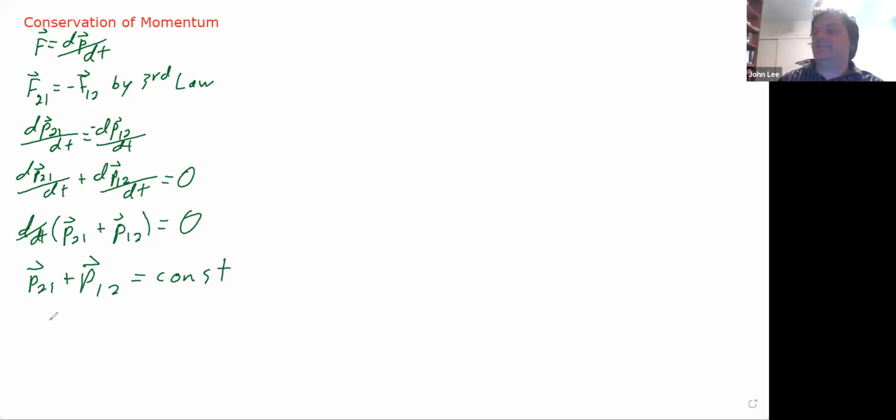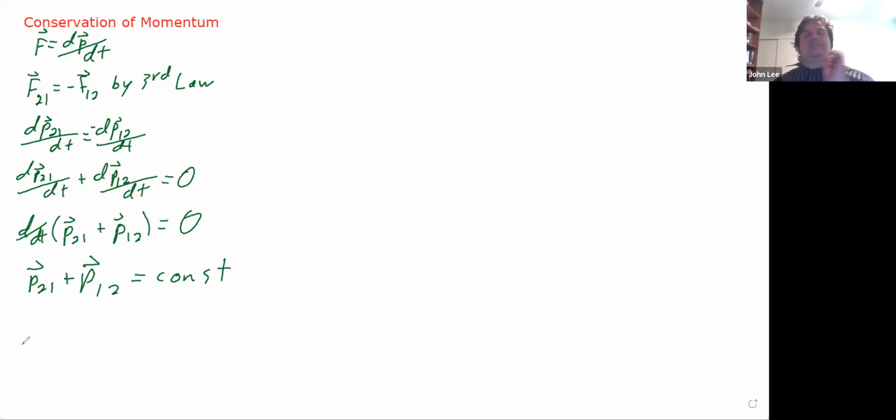It means that this vector value is always going to be the same no matter what you do to it, no matter what forces are acting on it, as long as you keep the entire forces in the system.